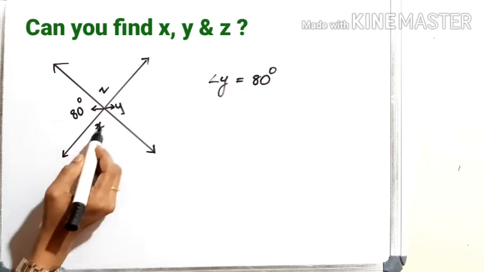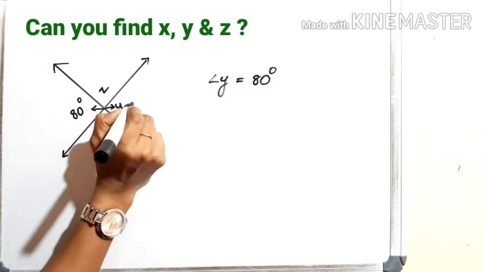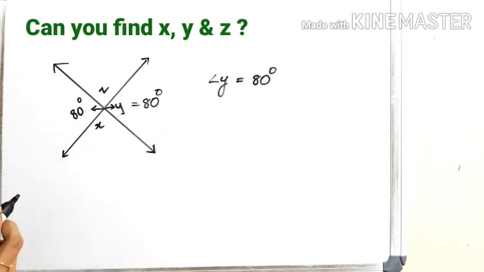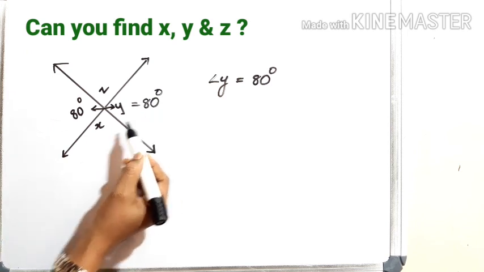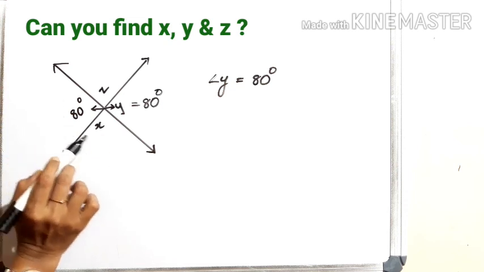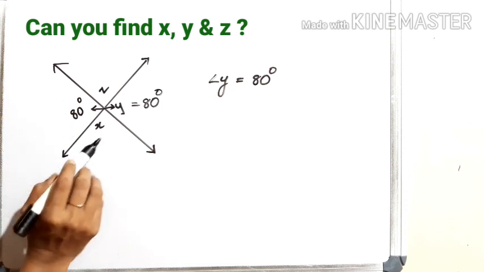Then, how will we find angle X? Here we have now 80 degree, right? This angle 80 and angle X are adjacent angles, right?